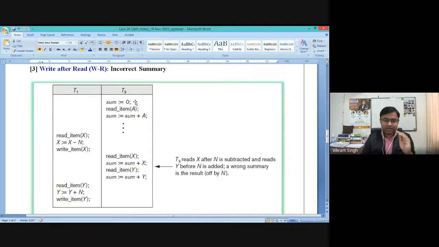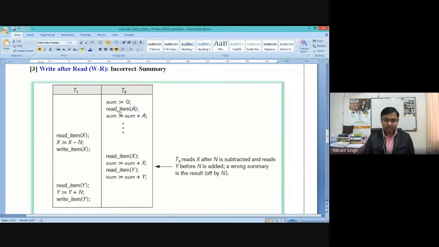It begins by initializing a variable sum equals to 0, and then tries to read data item A and add it into the variable sum. So it is kind of a summation, creating some summary, right?